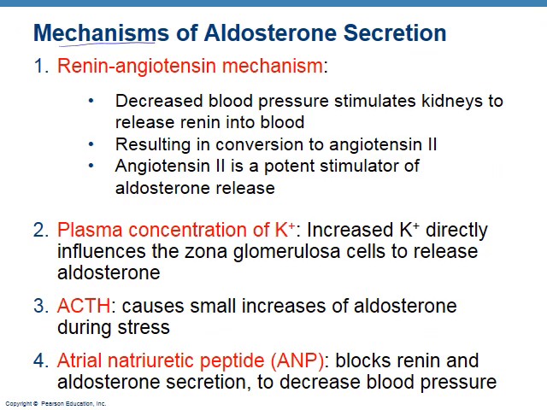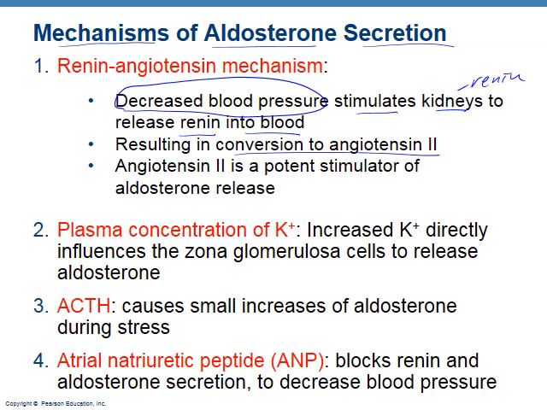So these are all the mechanisms of aldosterone secretion. So if you have decreased blood pressure, that's going to stimulate the kidneys to release renin into the blood. So the kidneys make renin. It's going to convert to angiotensin II. Angiotensin II will cause aldosterone to be released.